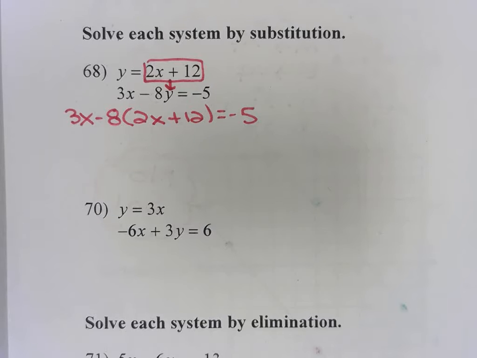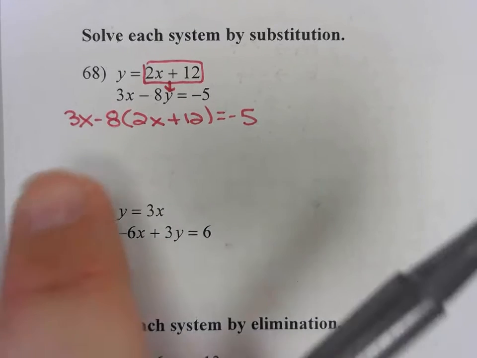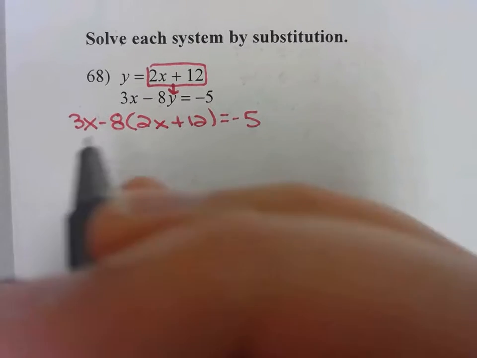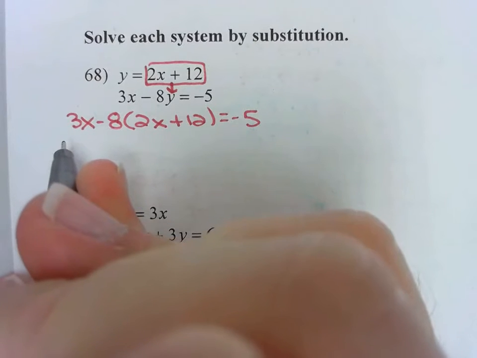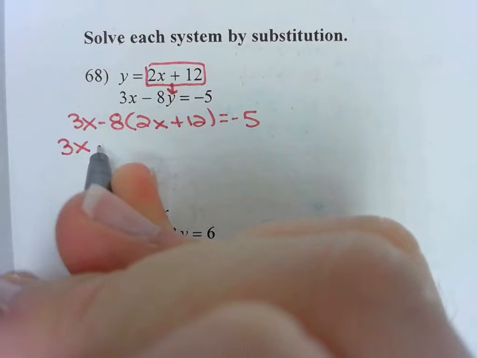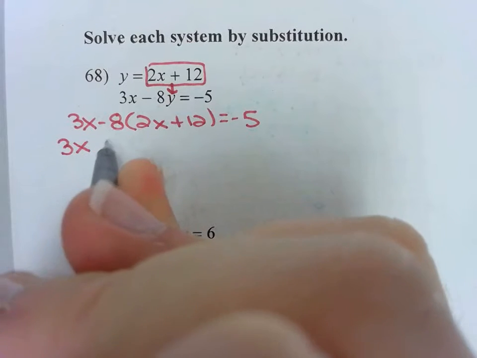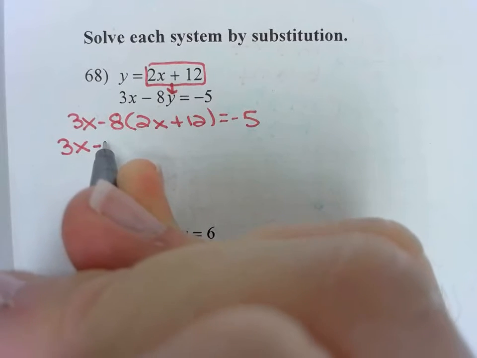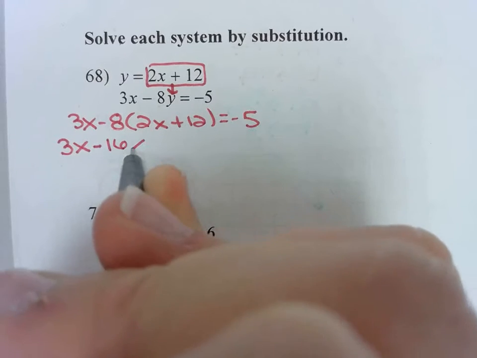So as I go through and I want to solve this equation, I have an equation with just x in it. How do I start solving this equation? Distribute. Put 3x down, and then negative 8 times 2x. So you multiply, which will be negative 16x squared.